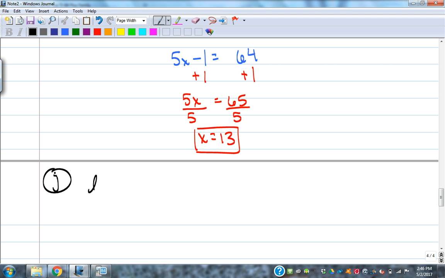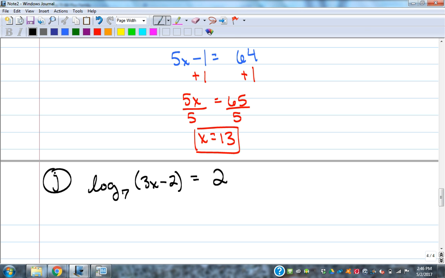Example J. Log base 7 of 3x minus 2 is equal to 2. Two more examples after this.